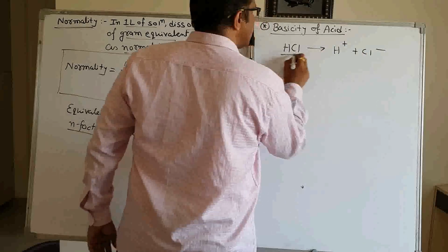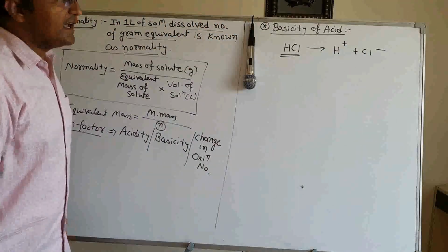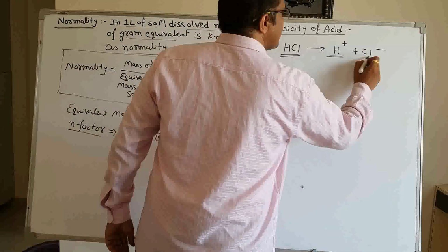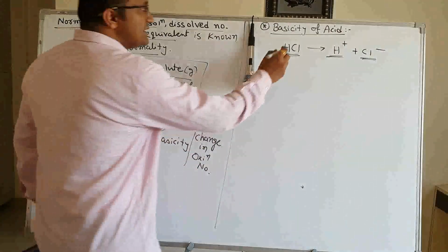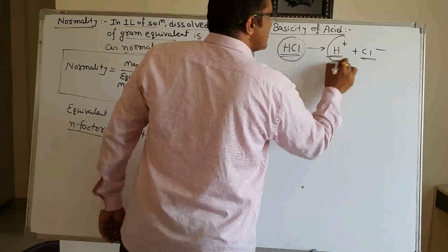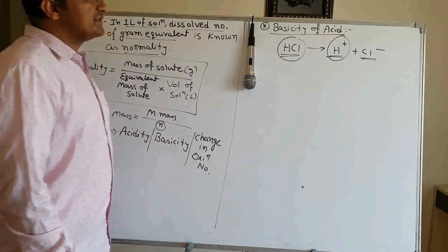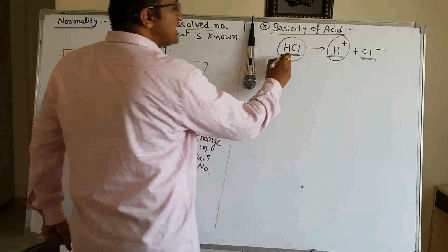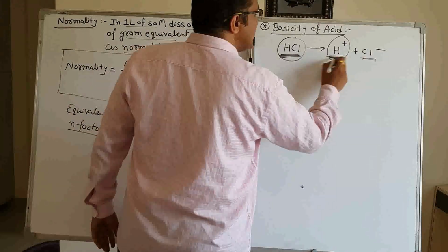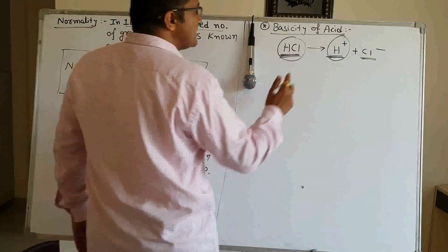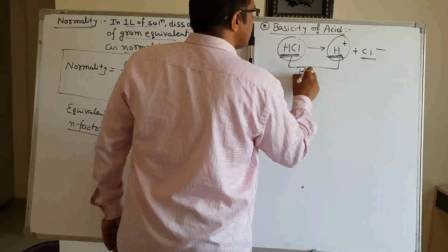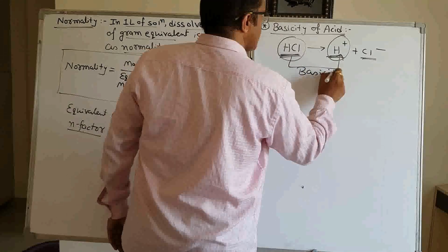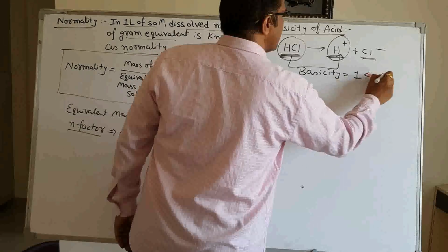Means whenever HCl is dissolved in water, we will get two ions, H plus and Cl minus. So this HCl will give one H plus, means 1 mole of HCl will be ionized to give 1 mole of H plus, then its basicity is 1, and that is our N factor.